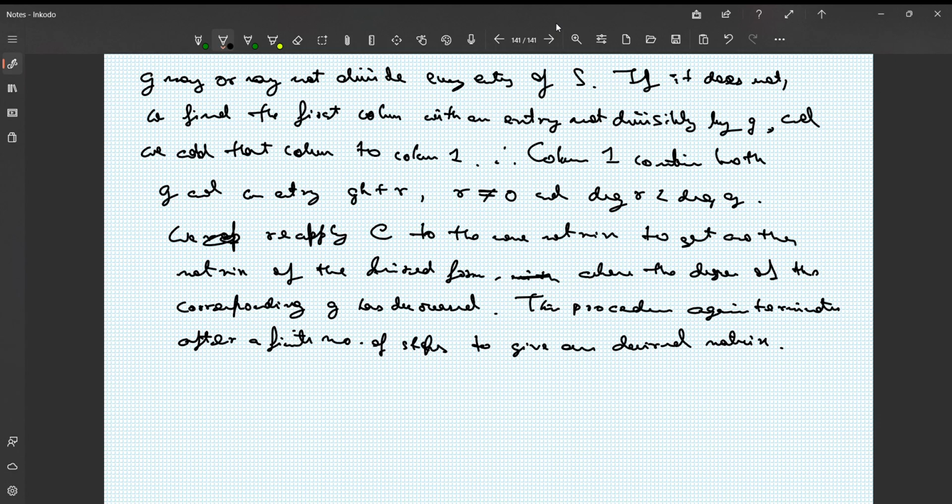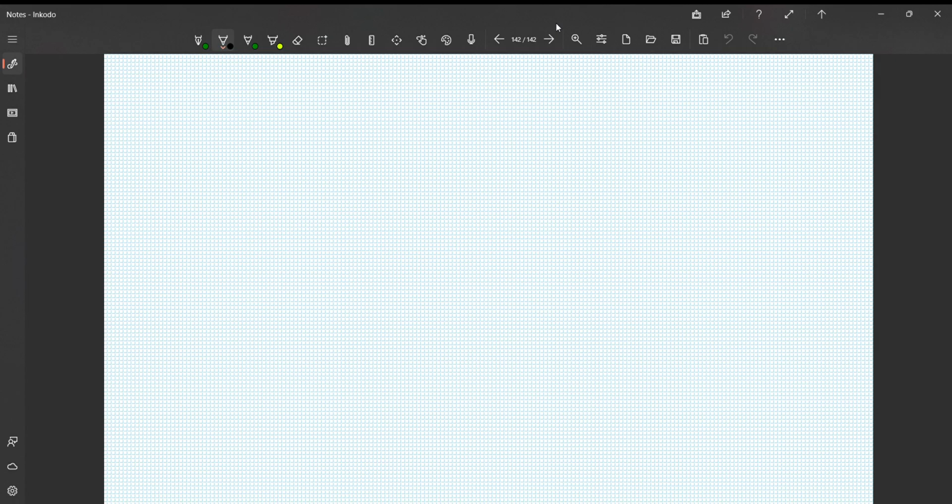Clear? So this is the complete algorithm. Now what do we specifically do? How is it related?